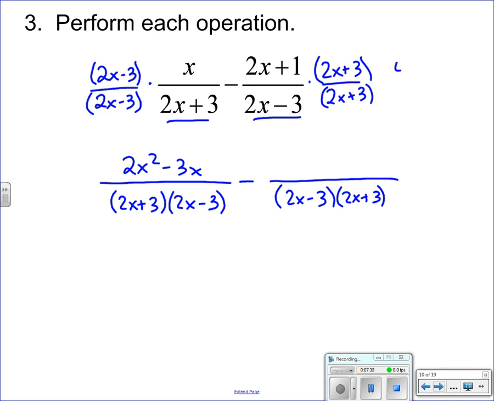Foiling this out, I get 4x squared plus 6x plus 2x plus 3. Now I put this on the numerator.